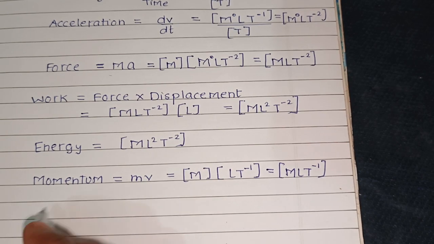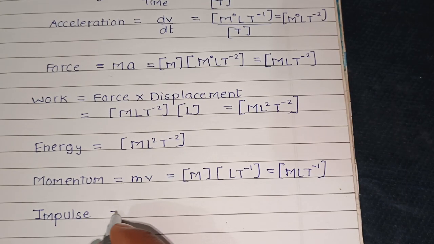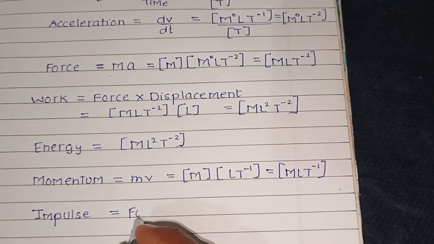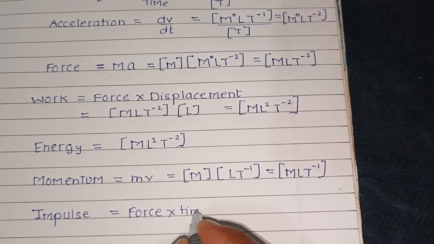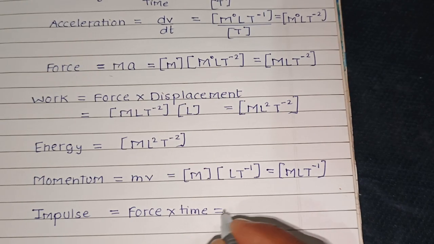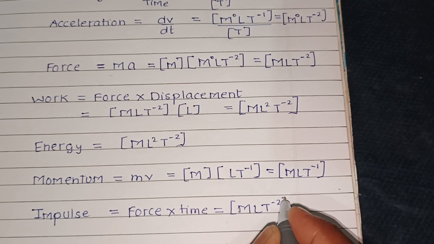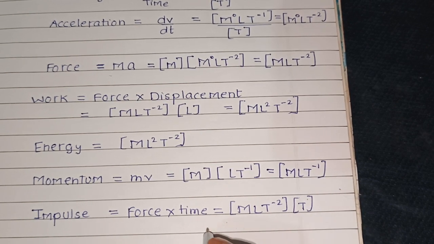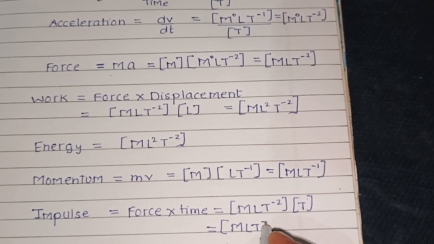Impulse. Impulse is equal to force into time. Force dimension is M L T to the power minus 2 and time is T, so that is M L T to the power minus 1.